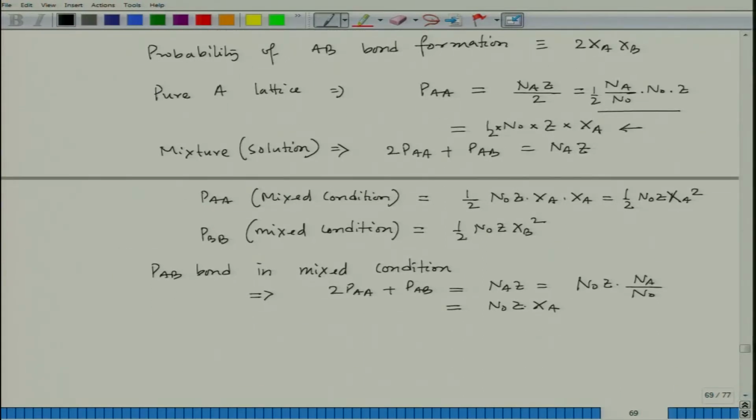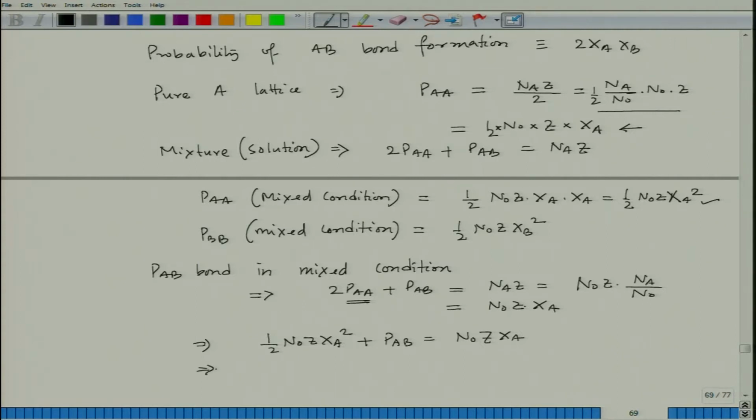I have already found out the value of P_AA in the mixed condition, which is this one. So, I just replace that value: half N_0 Z X_A square plus P_AB equal to N_0 Z X_A. Remember, this Z is coordination number.